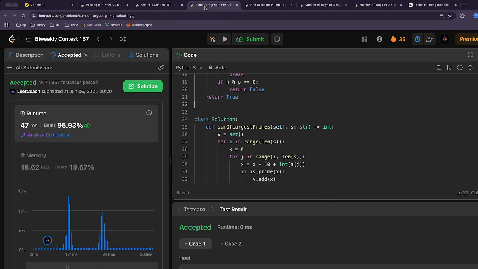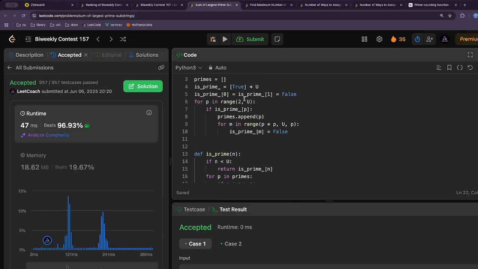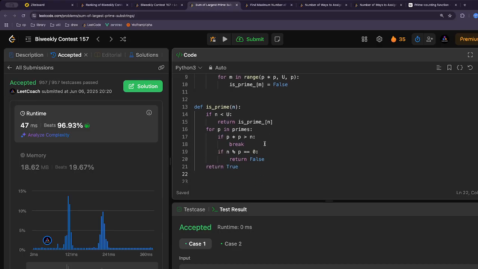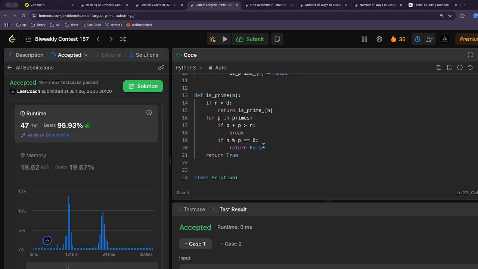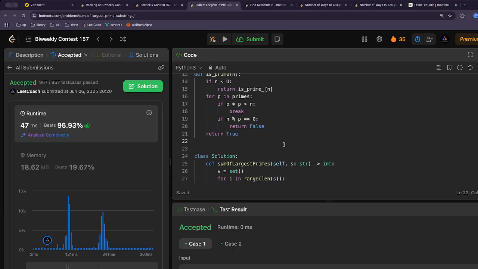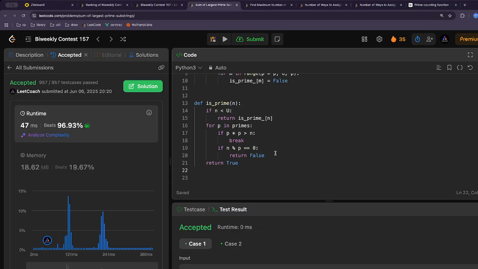Because in the worst case, we were going over all the numbers less than the square root of n, right? Which could be up to 10 to the 5th.